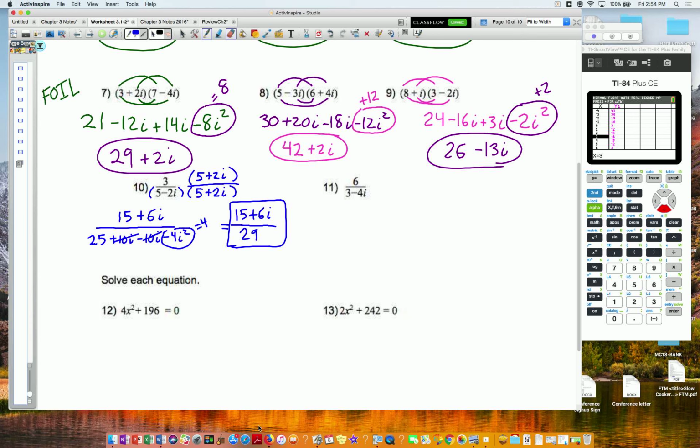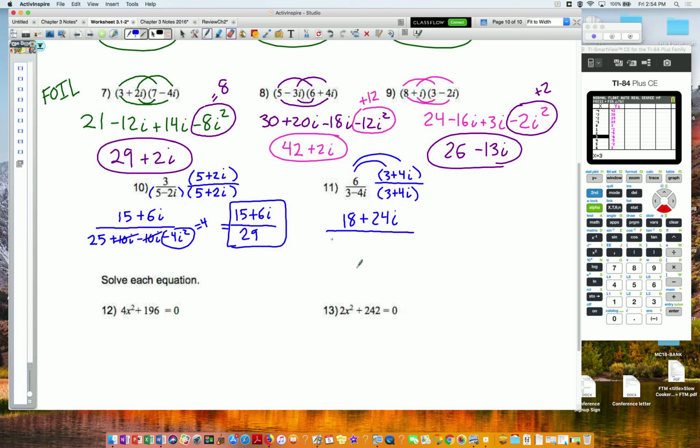All right, number 11, same process. I'm going to multiply by 3 plus 4i. Again, the conjugate of the denominator is where I change that sign. So right here, I'm multiplying by 3 plus 4i. When I do the top, I get 18 plus 24i.